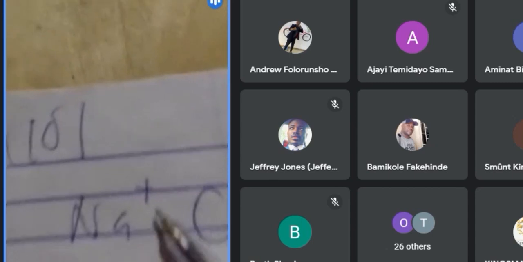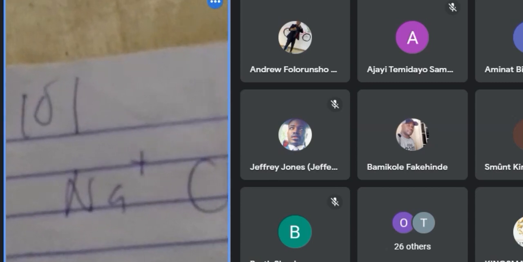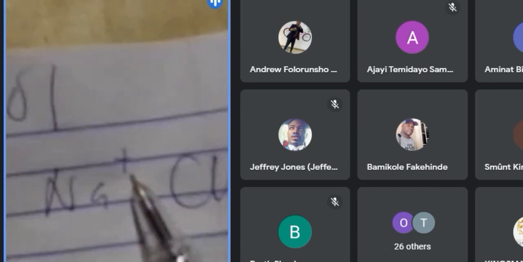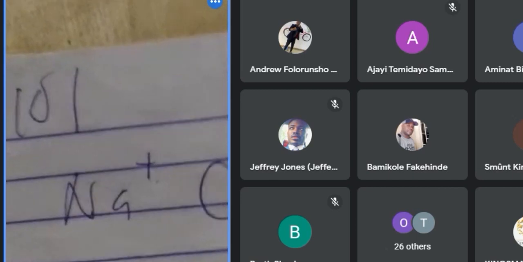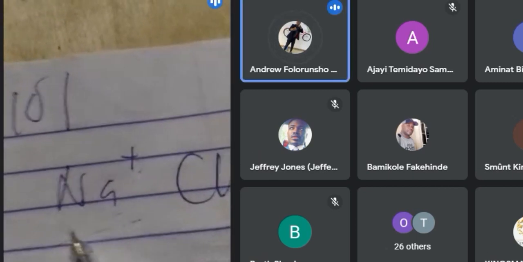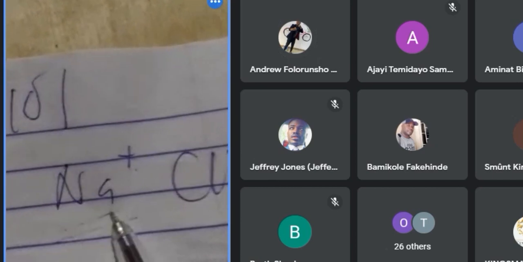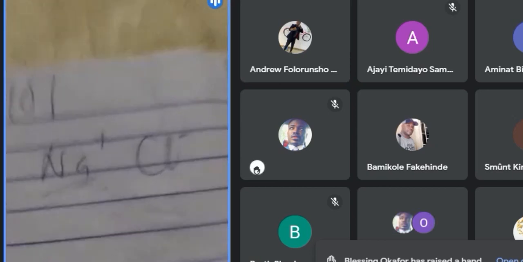This one is sodium. It will lose an electron, so definitely the proton has become more than the electron. That's why the positive is showing on it. The positive has become dominant. It is no more electrically neutral. This one is an ion. It is no more an atom like this. It's not neutral.